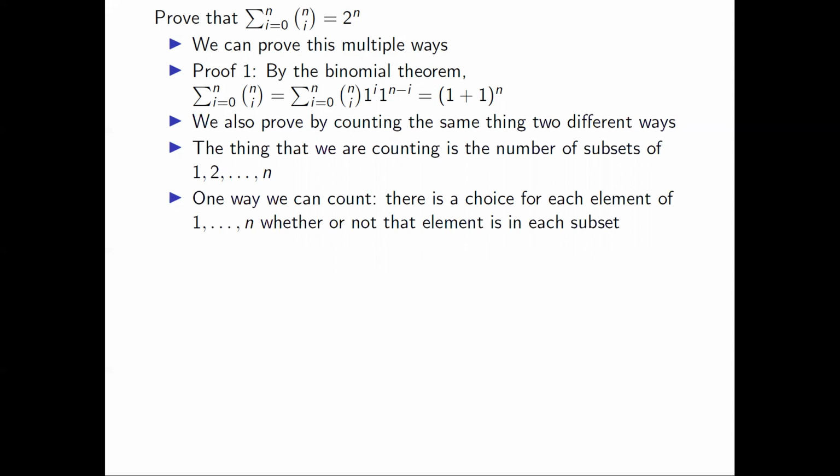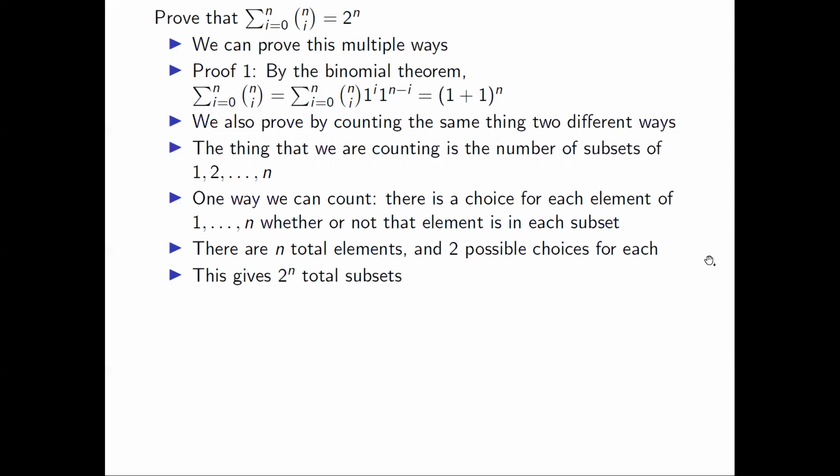In other words, for each element in the set, we have a binary choice. We can either include that element in our subset, or we can exclude that element from our subset. There's a total of n elements, and we have 2 choices for each element. So the total number of choices we can make, in other words, the total number of subsets of 1, 2, up to n, is 2 to the n.